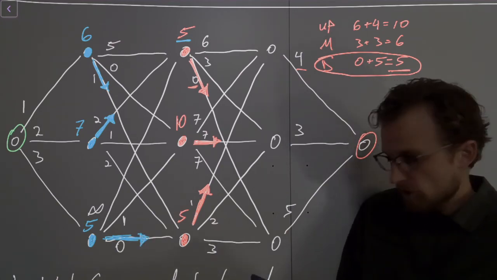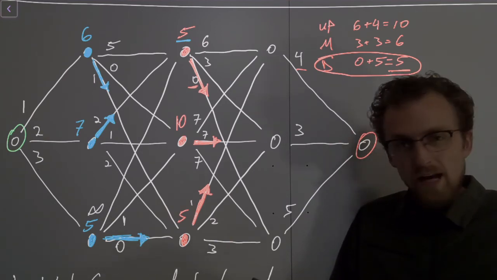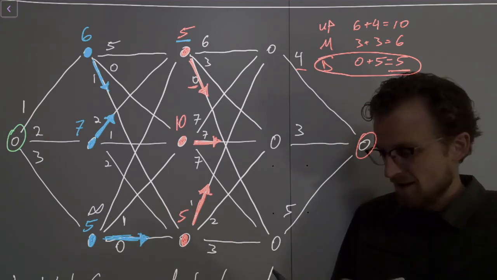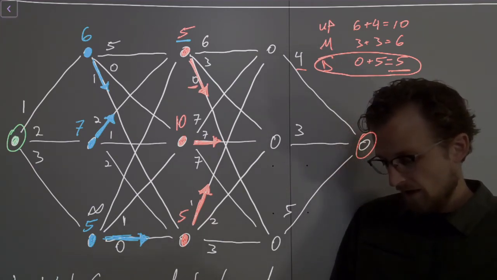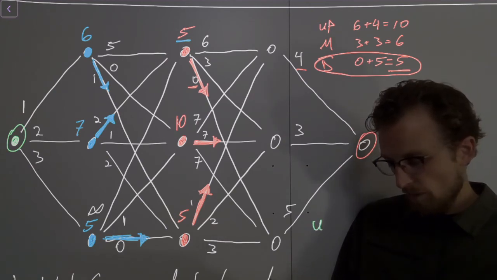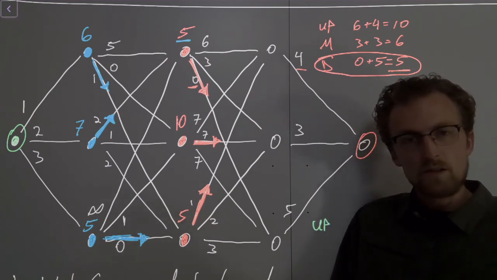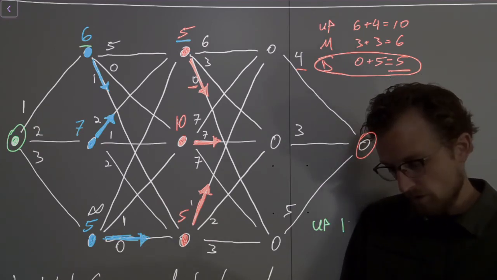Right, so now all we have to do is solve the first node, the very first stage decision. And we have all the information we need to do that. So I'm going to fill this in with green to say now we're here. From the very first stage, if we go up, we'll spend a cost of 1 to get to the next stage, and then a cost of 6 to go on from there. So that's 1 plus 6, which is 7.